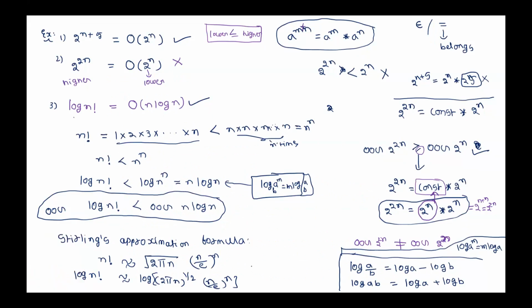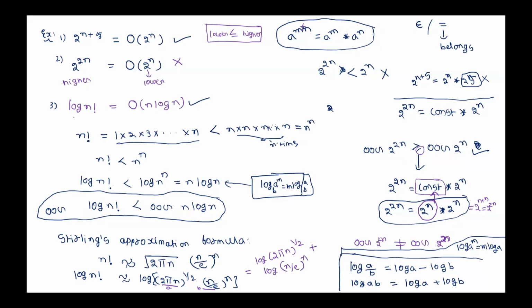Now this entire thing is of the form A times B. So this simplifies to log of (2 pi n) whole power 1 by 2 plus log of (n by e) whole power n.